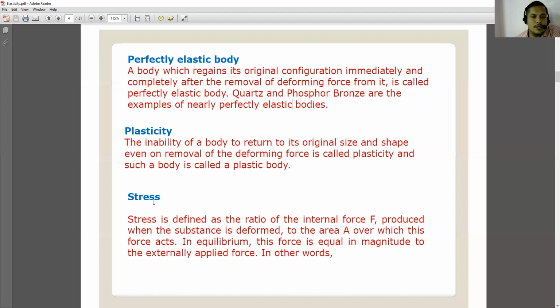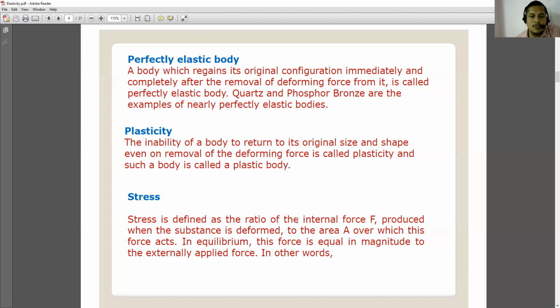Next is stress. Stress is defined as the ratio of the internal force capital F produced when the substance is deformed to the area A over which this force acts. In equilibrium, this force is equal in magnitude to the externally applied force.